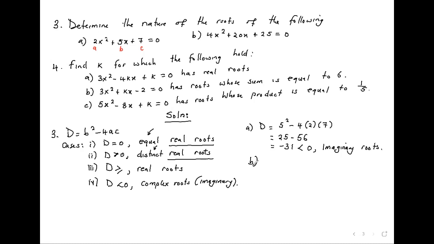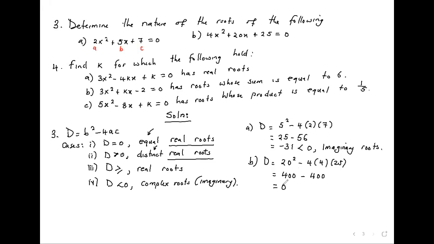Okay. So when you go to B, we find the discriminant is equal to B squared, that is 20 squared minus 4 times 25. So 20 squared, that's 400. 4 times 25, that's 100. 100 by 4, that's 400.